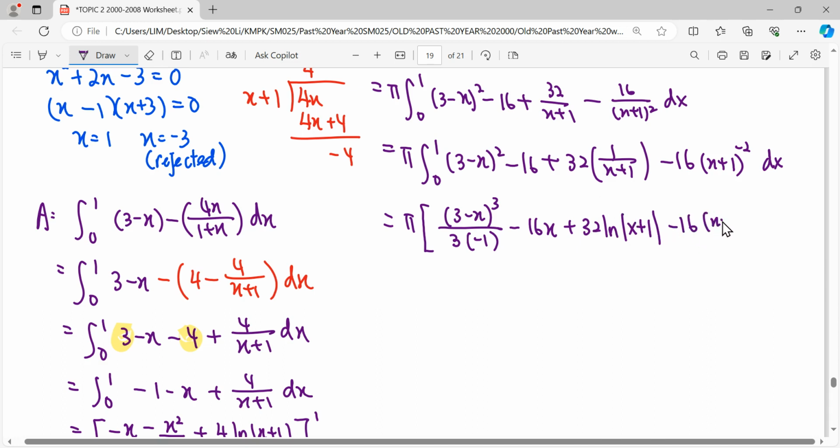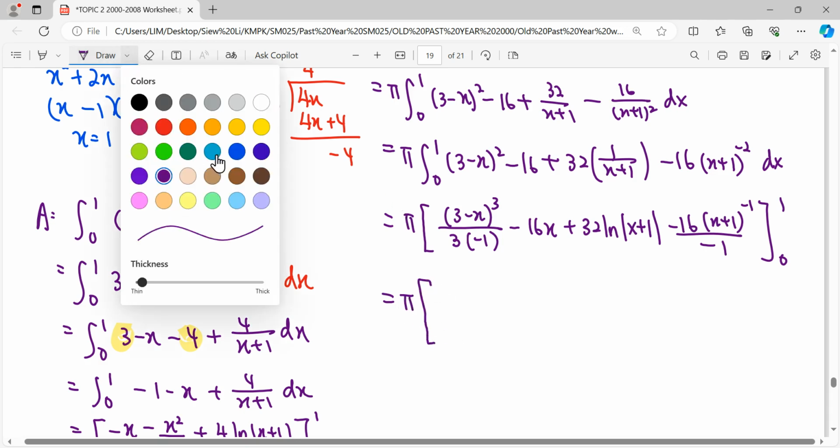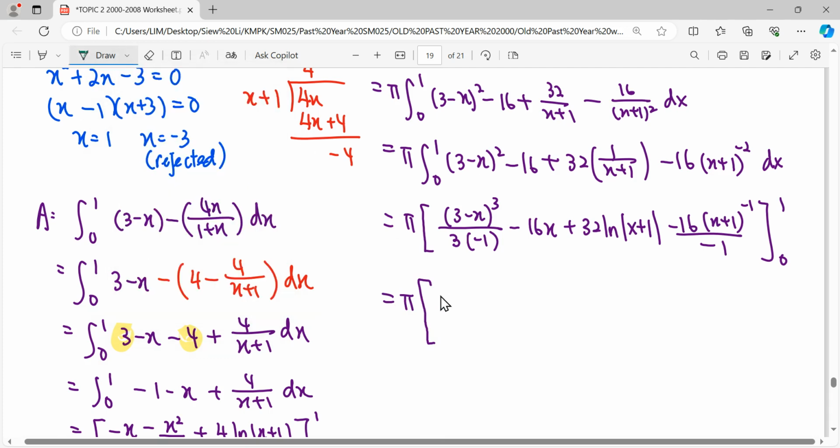Meanwhile for this, power plus 1 over the new power, and the coefficient of x is 1. Then we substitute upper limit 1 and lower limit 0: substitute our upper limit 1, then minus the lower limit 0.